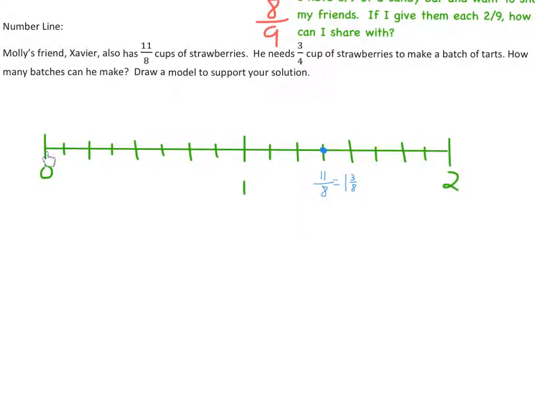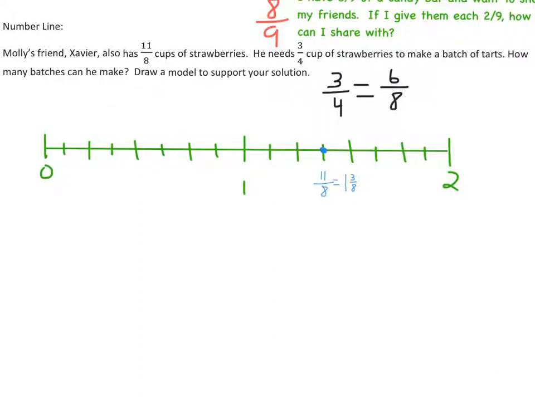Well, I could always just find an equivalent fraction of 3/4 in eighths. 3/4 is equal to 6/8 because 3 times 2 is 6, and 4 times 2 is 8. To make equivalent fractions, we multiply or divide both numbers, numerator and denominator, by the same number. So times 2 gets me 6/8.